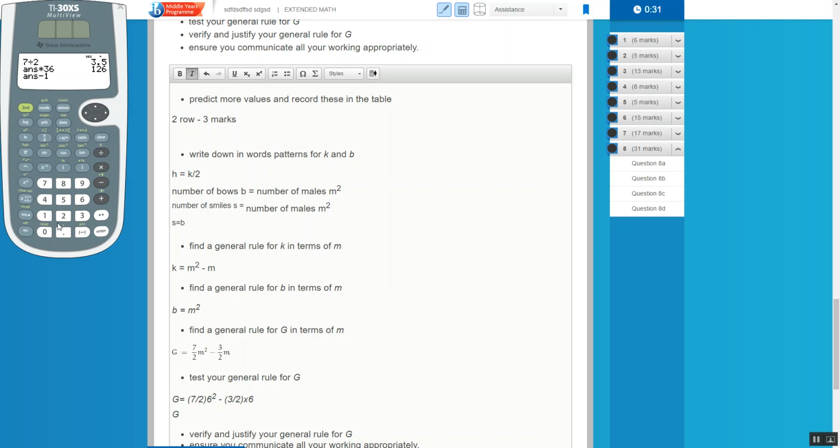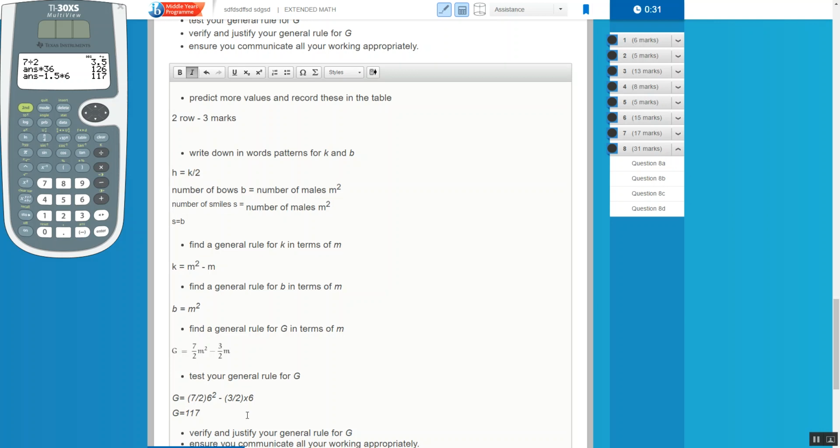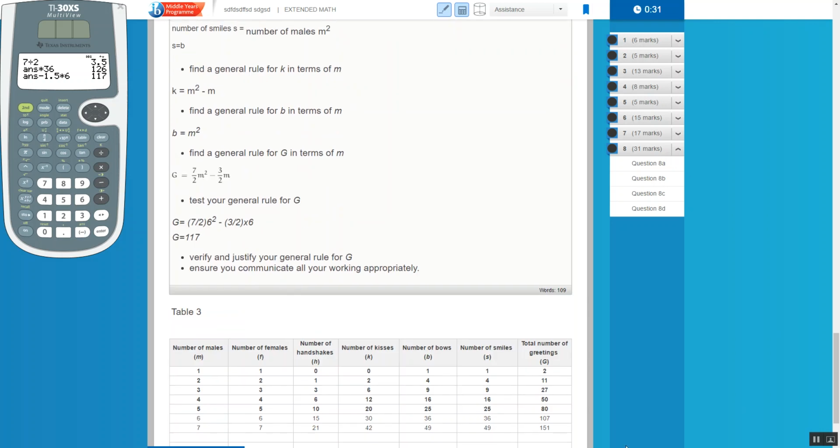Subtract 1.5 times 6, 117. I verified it wrong. It should be 117. Okay, that makes sense. And then the next term, 117 add 44, 4, 5, 6, 167. That's a good thing with this, because you can actually check your answers as you go along.